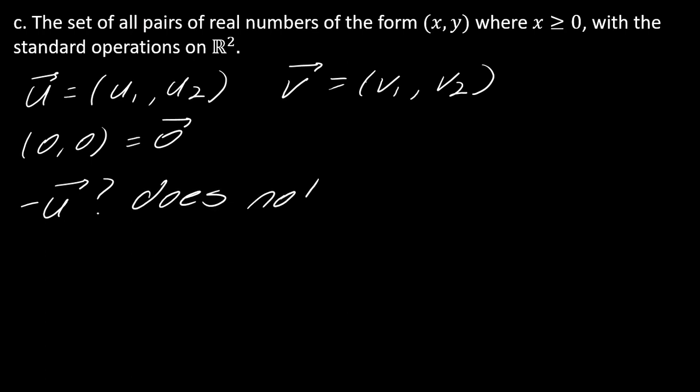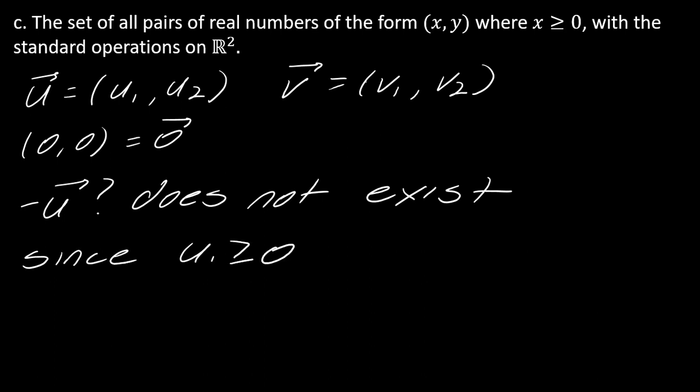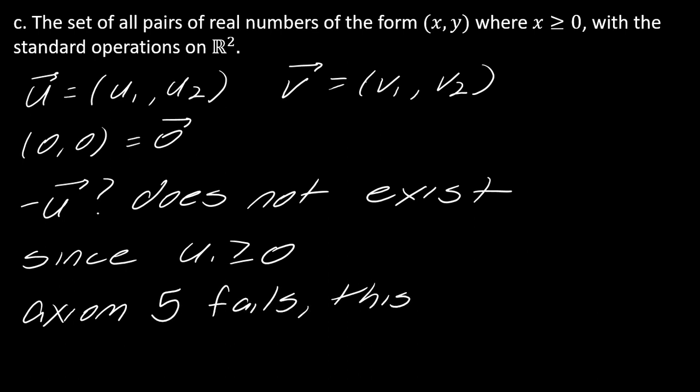This does not exist since u1 is always positive. So which axiom was that? That was axiom 5. Axiom 5 fails. This is not a vector space.